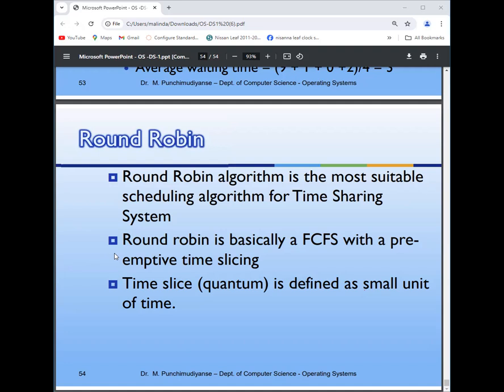So let me open the round robin example. I will show an example and then we can wind off the class today. Give me a second until I open that.